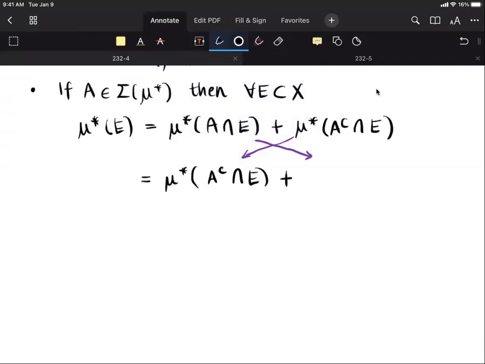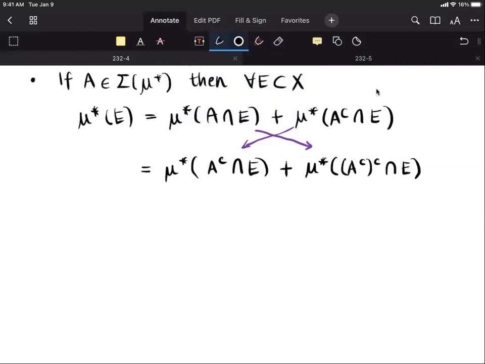So it's the same term. However, with respect to A, we can write that as the complement of the complement. Therefore, for any test set E, the outer measure of E is equal to the sum of the outer measures of those sets in E that are in the complement and those sets that are in the complement of the complement, which is A. So by the definition of measurability, this implies that the complement is also measurable.